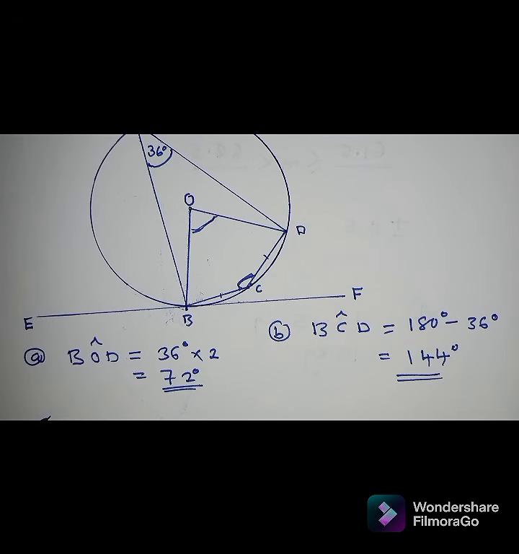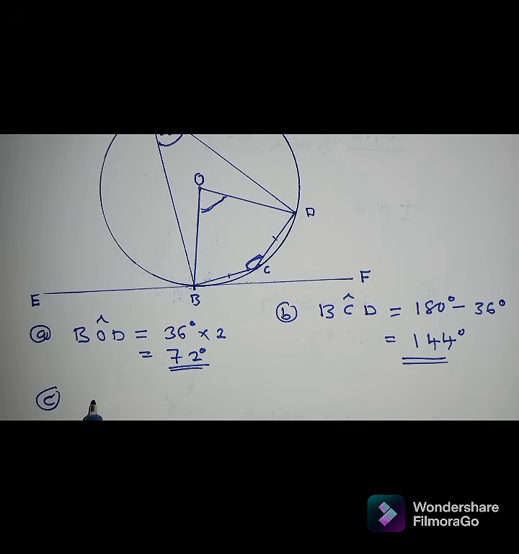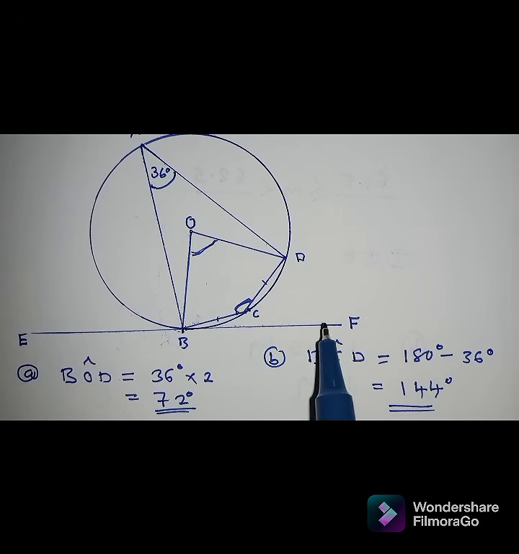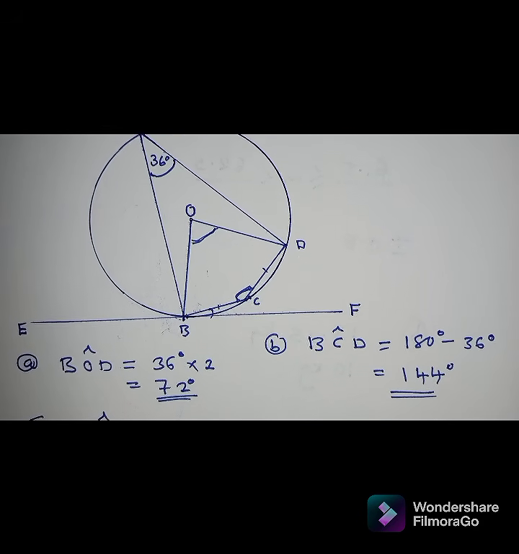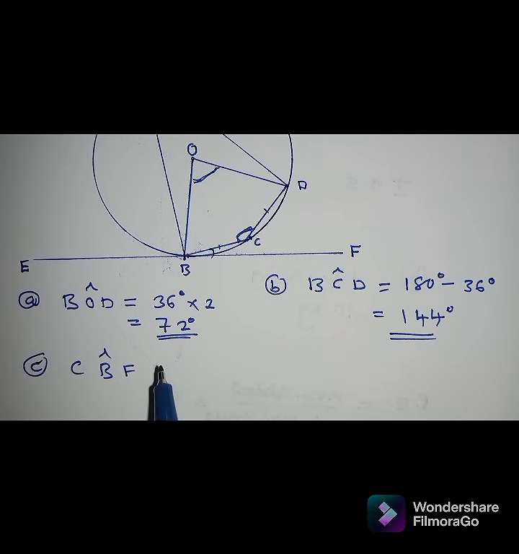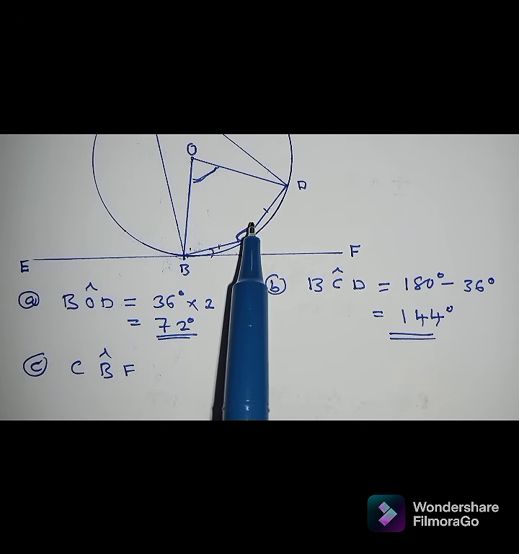And for C, they want us to find the angle CBF. So CBF, it's this angle. So how do you find this angle over here? What we need to do here is find this angle.